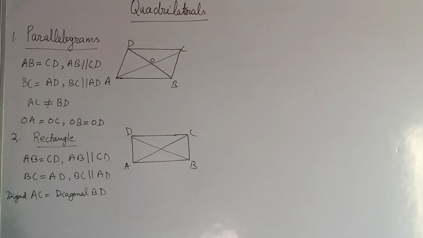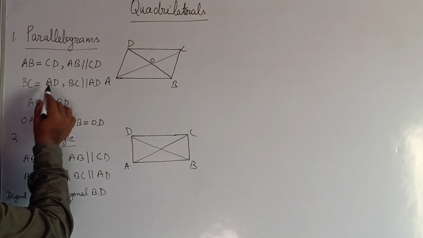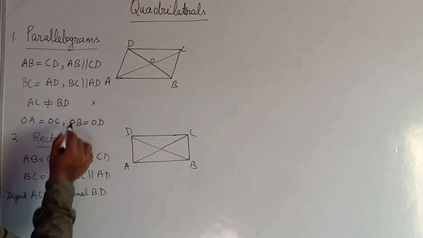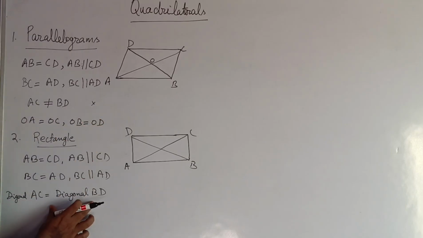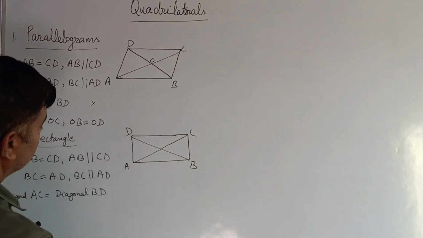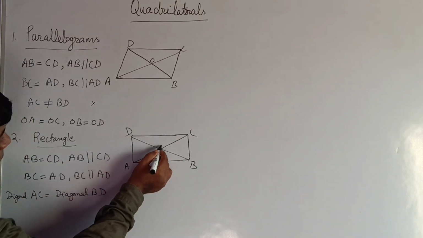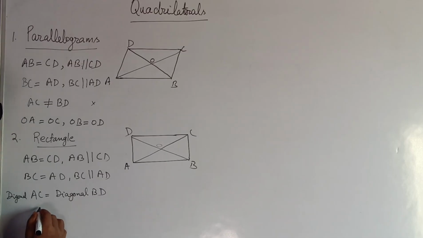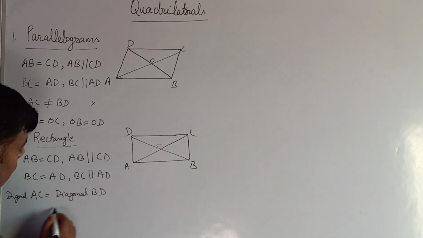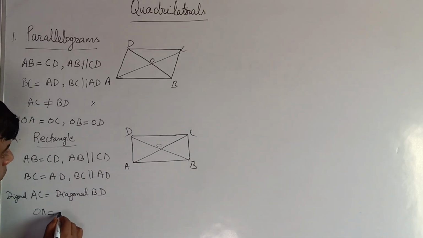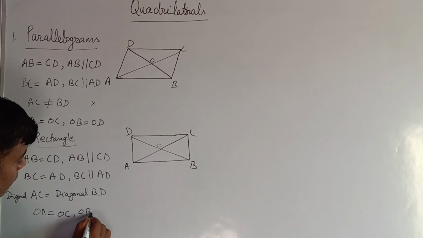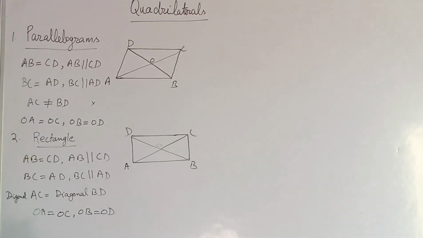When we compare the diagonals with those of a parallelogram, we find that the diagonals of a parallelogram are not equal, but in a rectangle they are equal. So this is the difference between a parallelogram and a rectangle. The diagonals AC and BD also bisect each other. It means OA is equal to OC and OB is equal to OD.